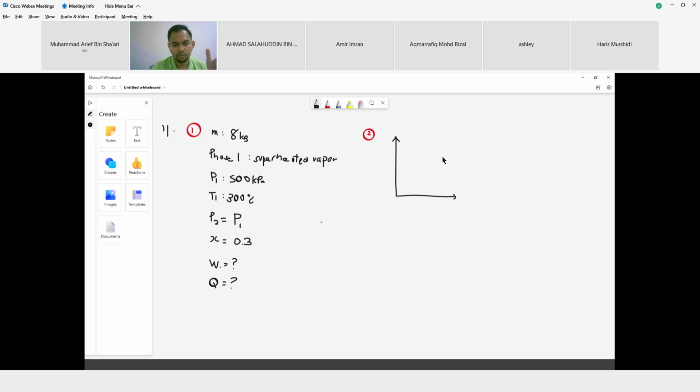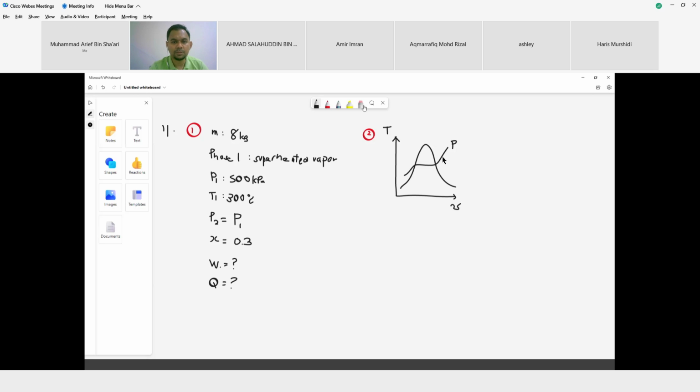So it's up to you, either a TV diagram or a PV diagram. For me, I prefer the T versus v diagram.